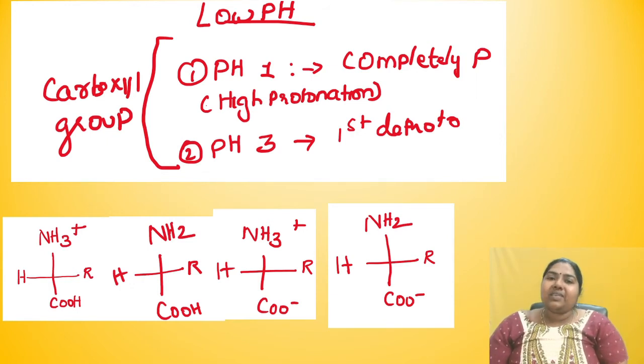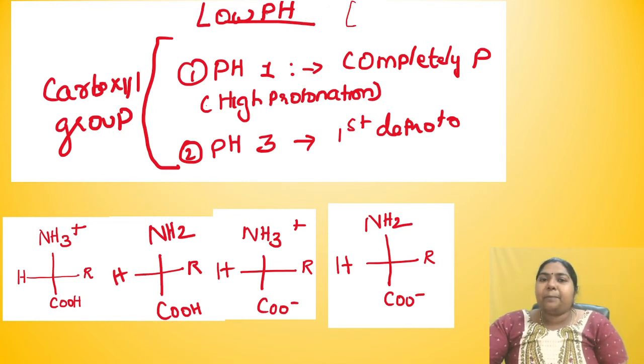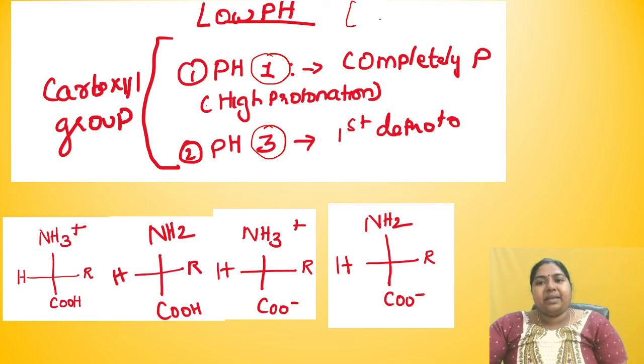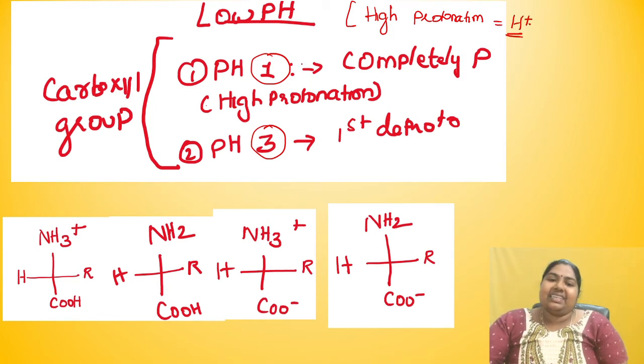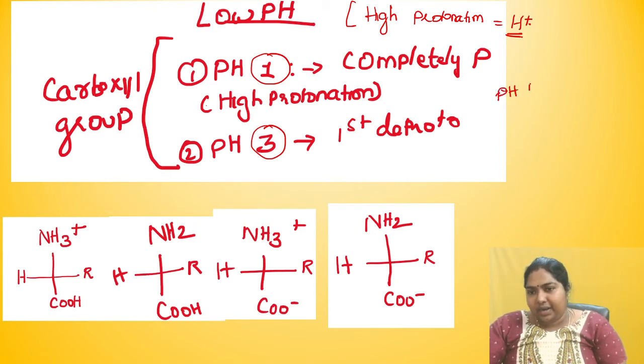Okay. So what will happen at the low pH? I told you that whenever the pH is low, for instance, you take pH 1 or pH 3, at this low pH, what will happen? There is going to be a high amount of protonation. Protonation means it will contain all the H plus groups, isn't it? Right. Yes. But whenever you are increasing the pH, initially it is at pH 1. Now you are increasing it to pH 3. So as the pH increases, the degree of protonation will decrease.